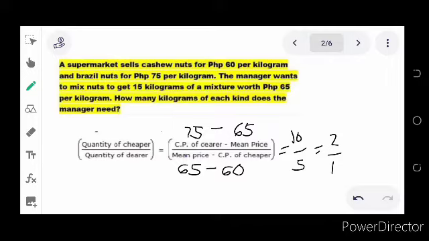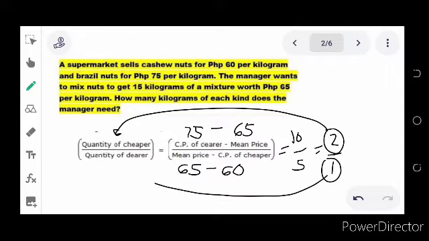That means 2 parts of the cheaper is combined with 1 part of the dearer in order to produce a mixture that is worth 65 per kilogram. That means 2 parts of the cashew nuts mixed with 1 part of the Brazil nuts will give you a mixture that is worth 65 per kilogram.